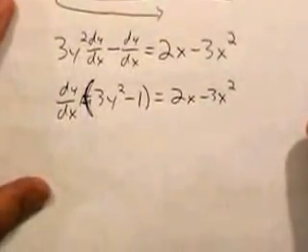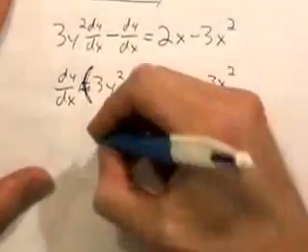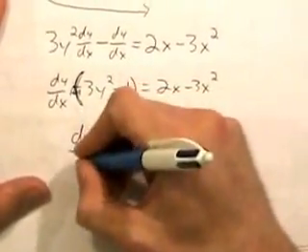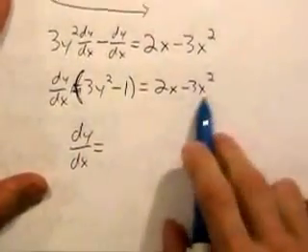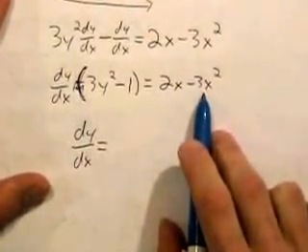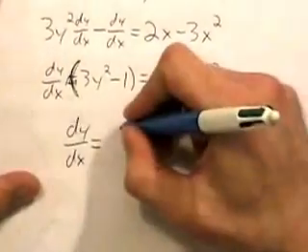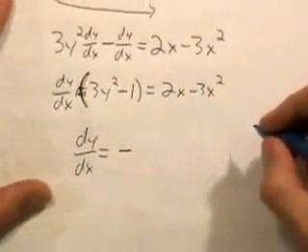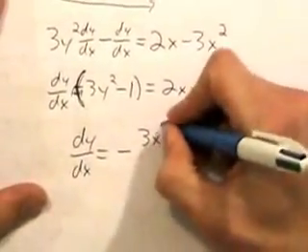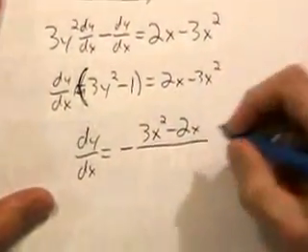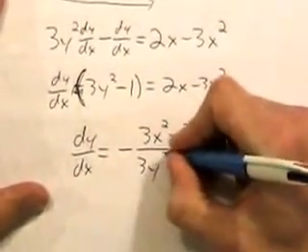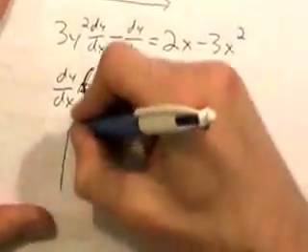And then divide through. So the last thing that we get, we finally get dy/dx equals, I don't like negatives on my x squared, so I'm just going to flip that around, and I'll say minus the quantity 3x squared minus 2x, divided by 3y squared minus 1.